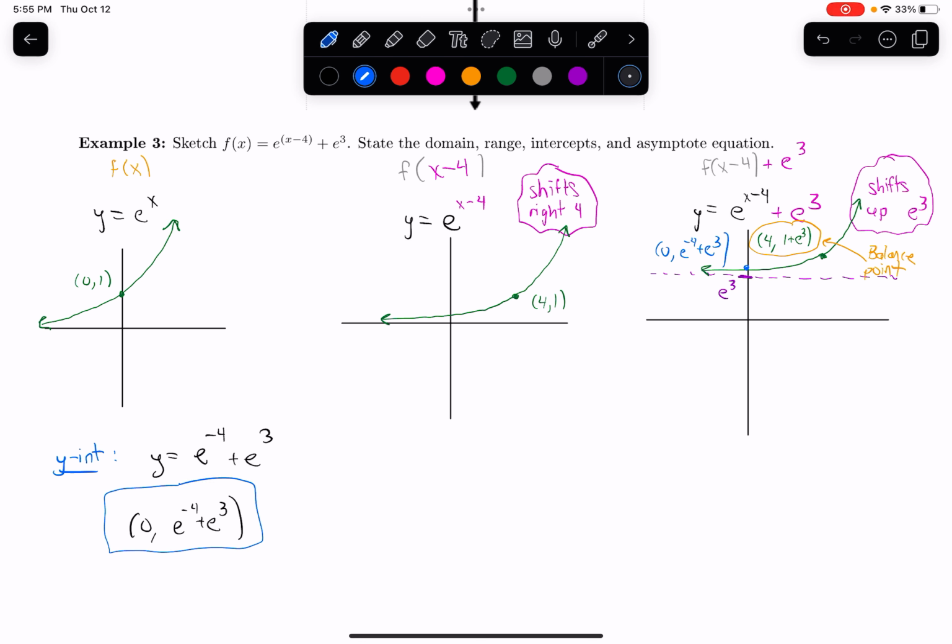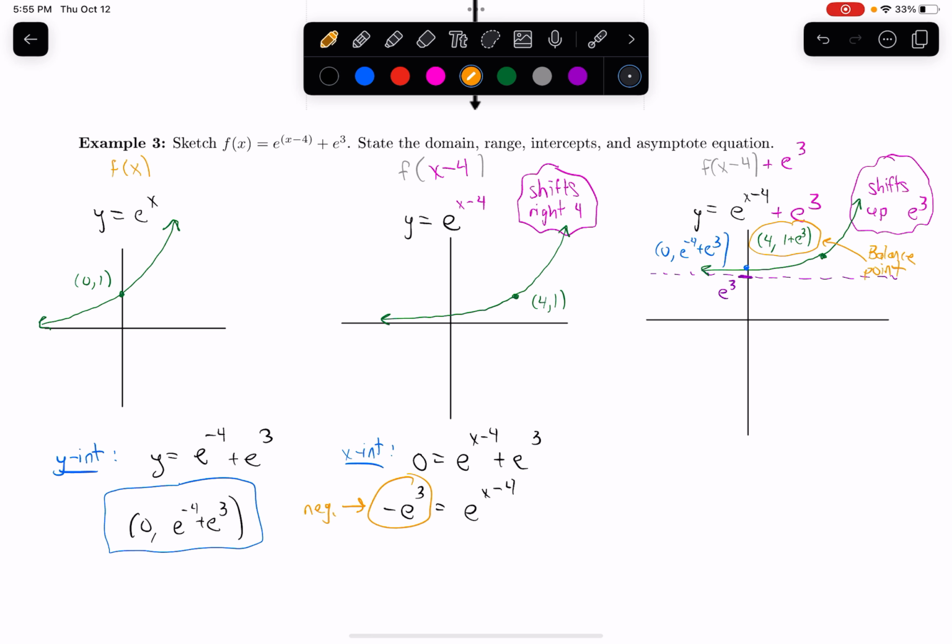We got y-intercept. Let's get the x-intercept now. So x-intercept. For my x-intercept, I plug in 0 for the y. So here's where y is, so I will get 0 equals e to the x minus 4 plus e to the 3. If I rearrange this, I'll move e to the 3 to the other side. So that gives me negative e to the 3 equals e to the x minus 4. Okay, so e to the 3, if I stick a negative in front of the whole thing, well, that ends up being a negative number.